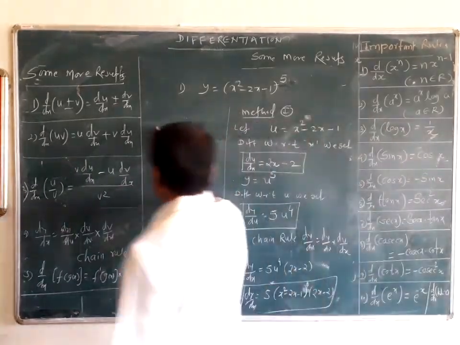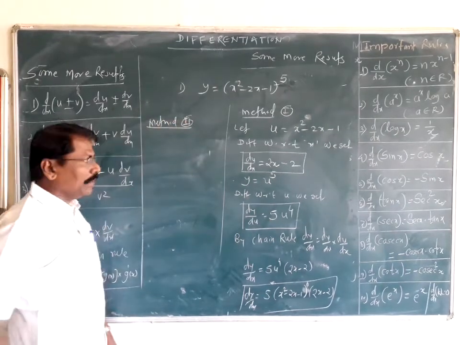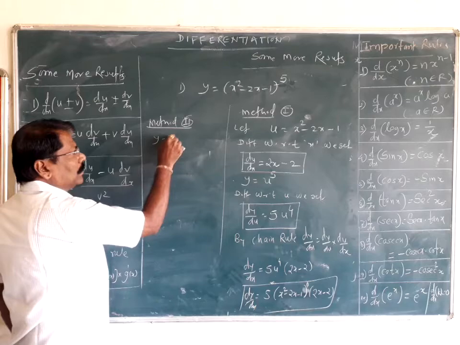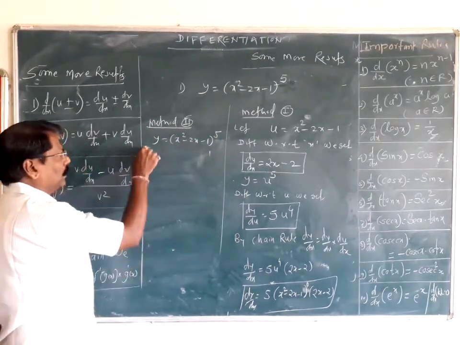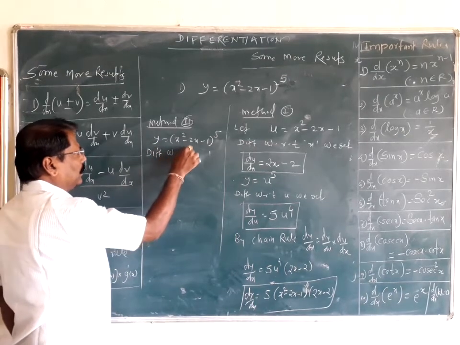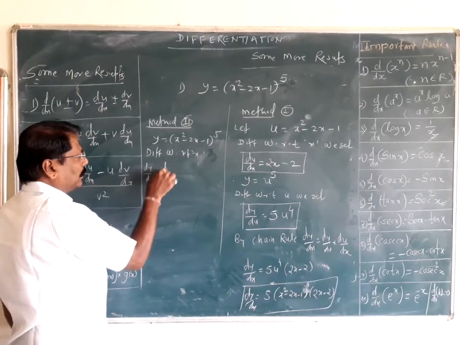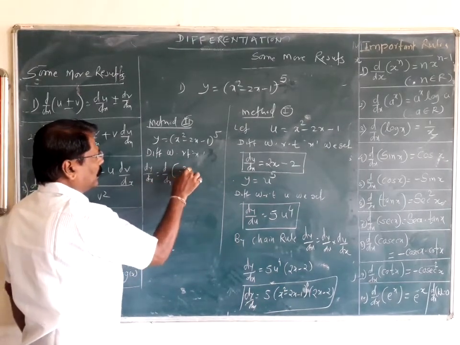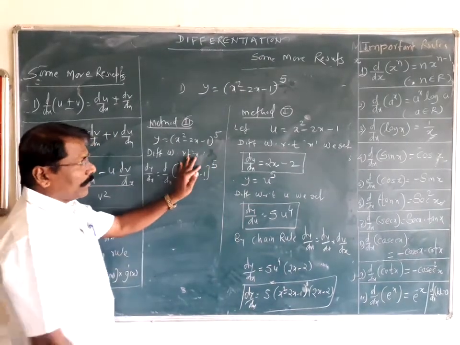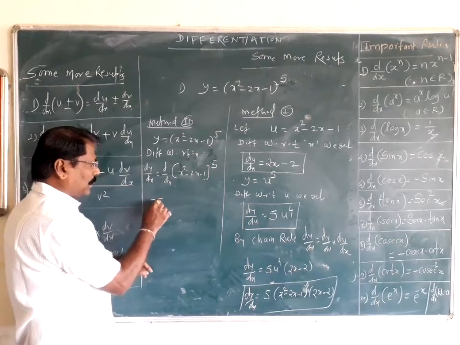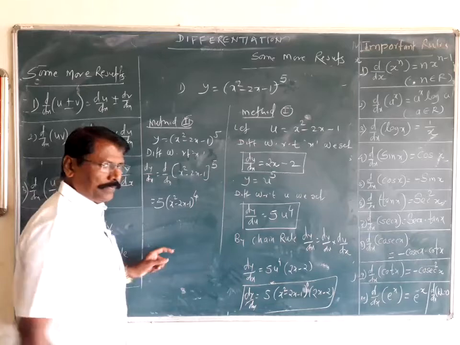So this example we can solve by another method. y is equal to (x square minus 2x minus 1) raised to 5. Differentiate with respect to x, dy by dx, d by dx of (x square minus 2x minus 1) raised to 5. Now, what is x raised to n? n means 5, this function raised to 4.